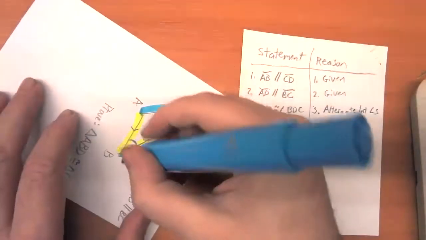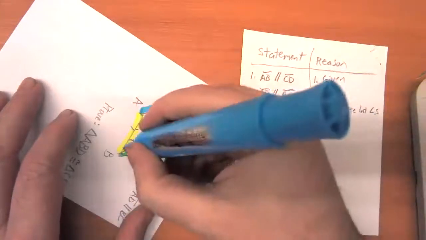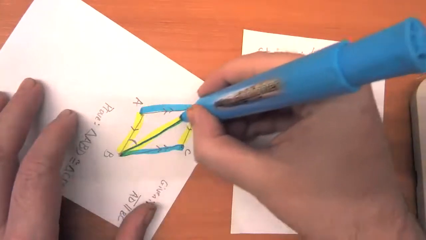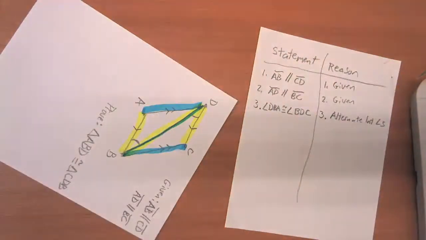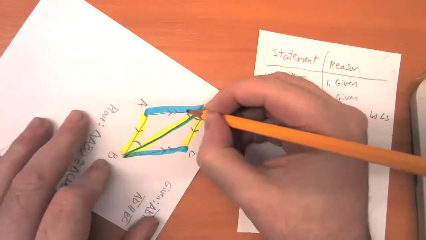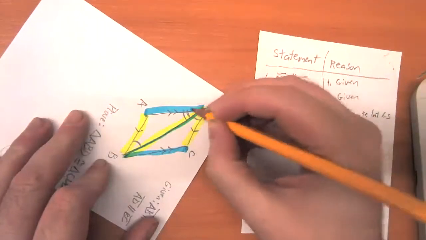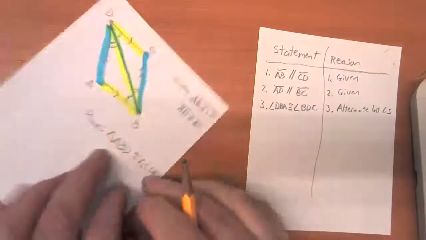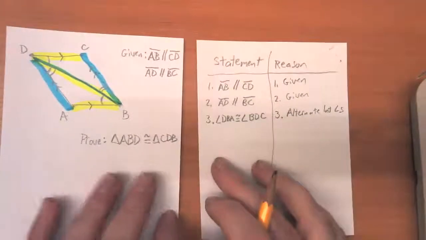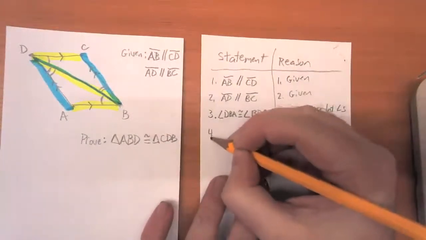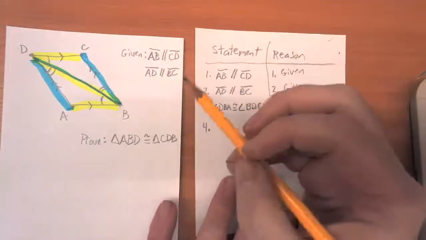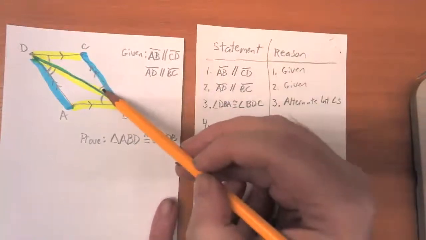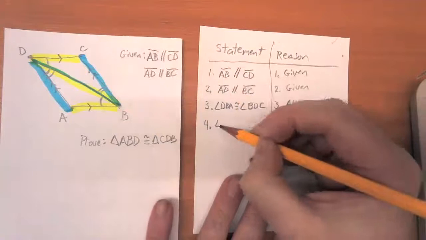Yeah, it does. Once again, the diagonal is going to be the third line that gives us a Z shape there. And so now we know a different pair of angles that are congruent. These two sides make up an angle, and these two sides make up an angle. So those are a second pair of angles. And so once again, we're going to name them. This angle down here at the bottom is going to have B as a vertex.